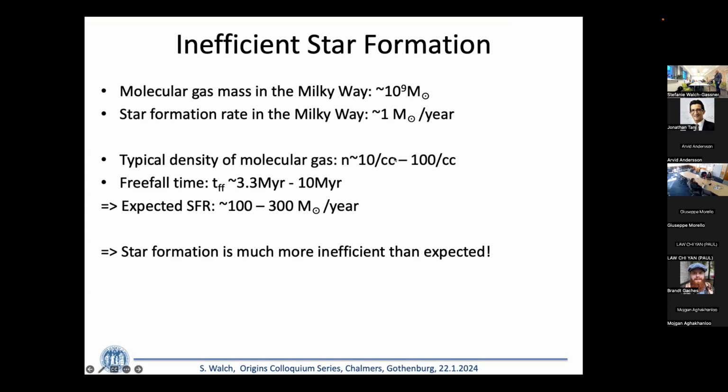Then you can estimate the typical density of molecular gas, between 10 and 100 particles per cc or so for an average molecular cloud, and derive a free-fall time from that density. That gives you an expected star formation rate of 100 to 300 solar masses per year. But in fact, star formation is much more inefficient than what we expect, because we have only 1 solar mass, whereas we expect 100 times more or so.